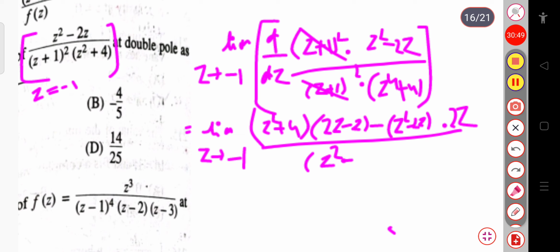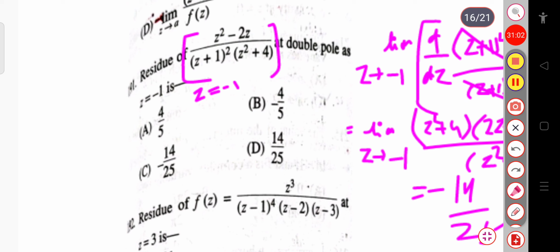After calculation and substituting z equal to minus 1, the answer is minus 14 by 25.